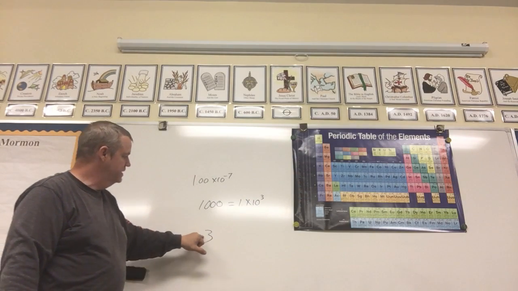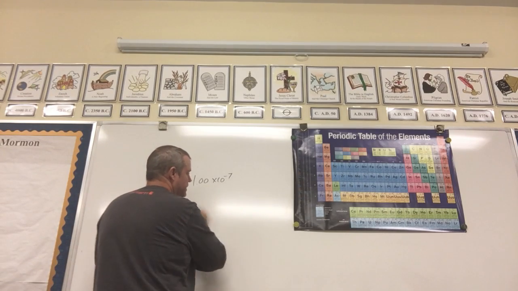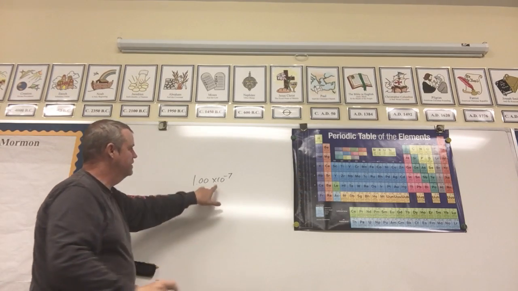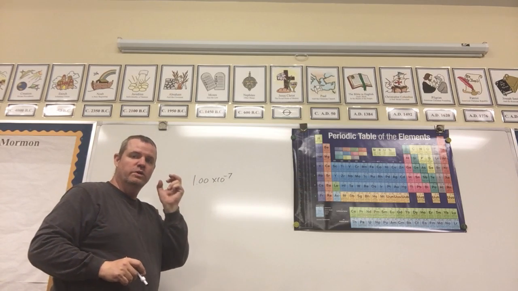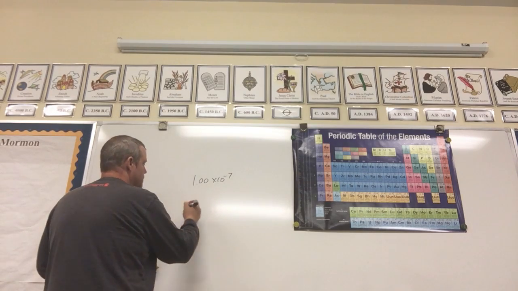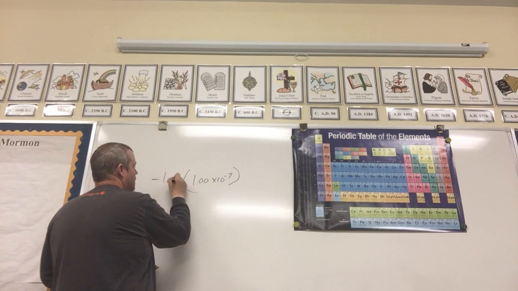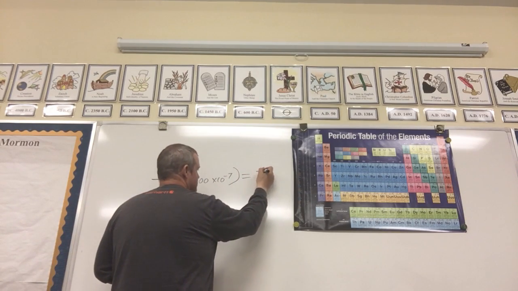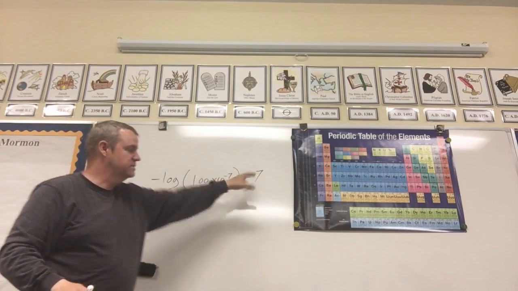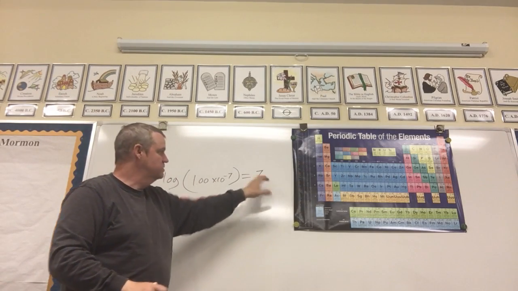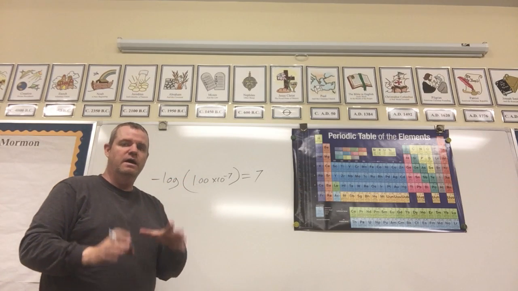So the log of this would be minus 7. But for a pH scale, we use the minus log. So we would take this number and take the minus log of that, and that would give us 7, because this would be a minus 7, and when we take a minus with a minus, you get a positive. So water has a pH of 7.